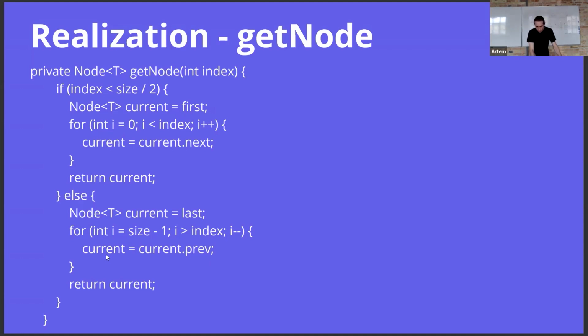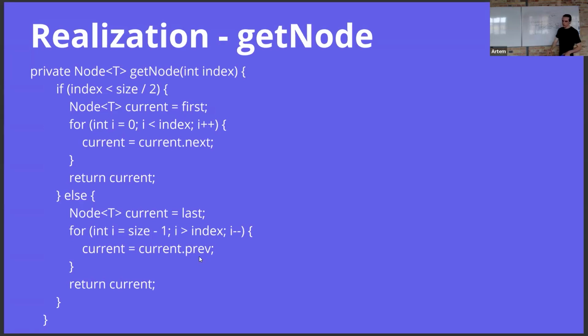We reassign our current element with current prev. So our current element is this one, and we can access its prev field. Our current is now equal to current prev, boom, it's this element. Is this clear? Okay.